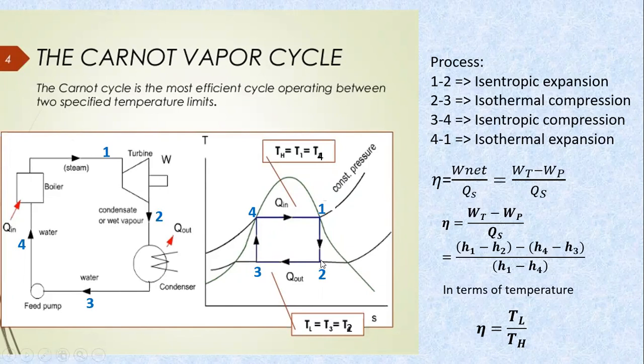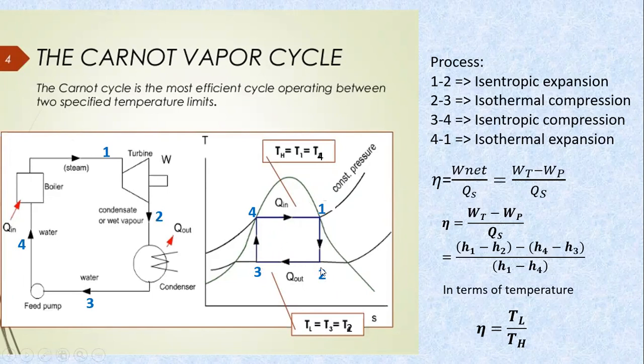Process 1 to 2 is isentropic expansion of the steam in the turbine. That means steam entering the turbine, as shown here, is dry saturated steam. After the steam expands, it gets converted into wet steam, doing some shaft work.